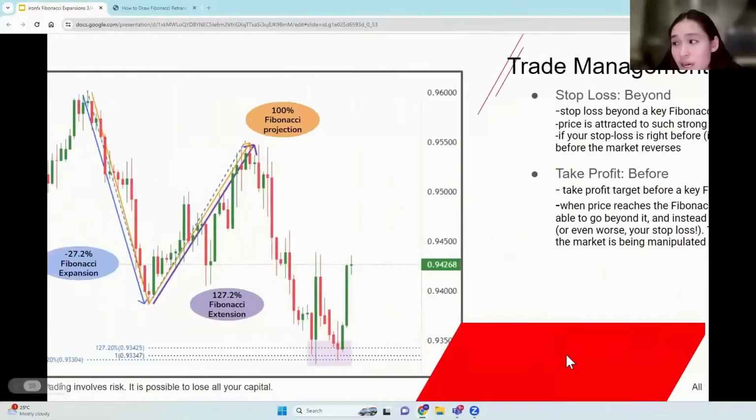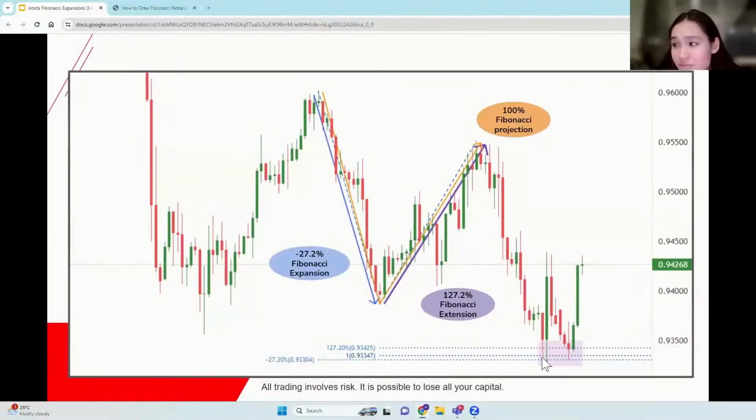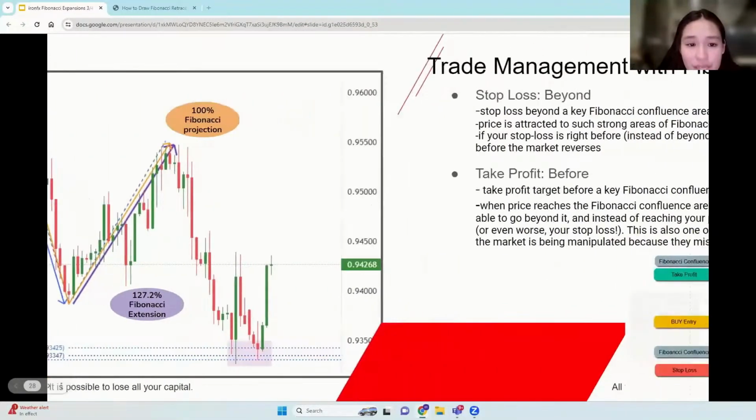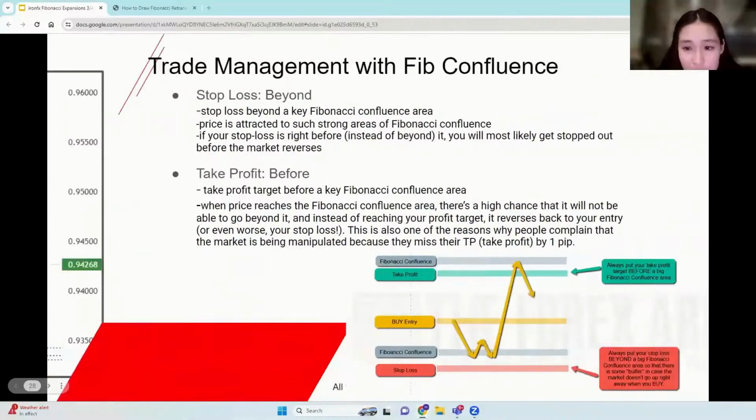For example, you can see it's just the wick of the candlestick that touches these levels. The actual body of the candlestick doesn't even touch it. So you want to make sure that you catch these levels before they reverse off of them, and this trade management technique helps you with that.